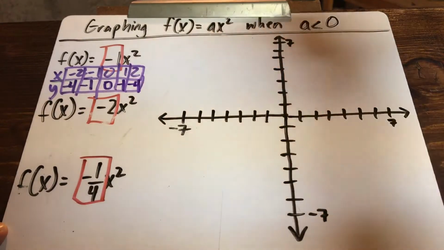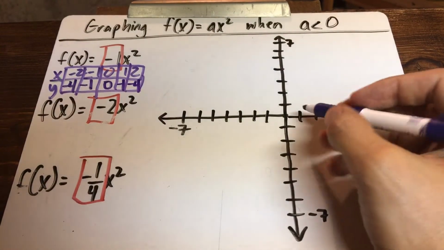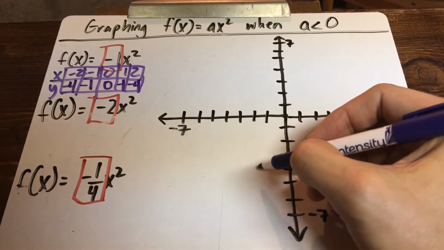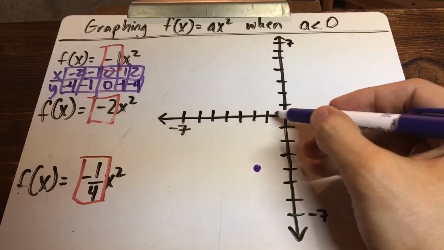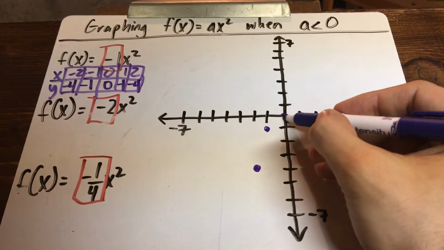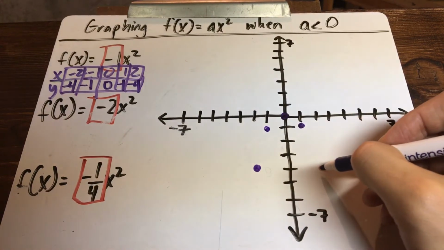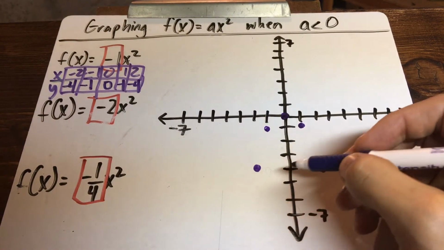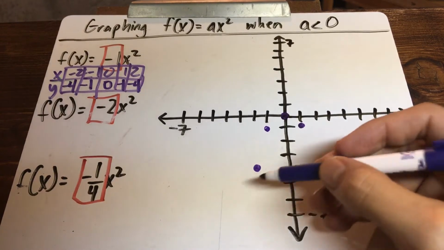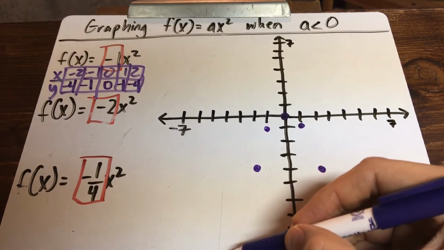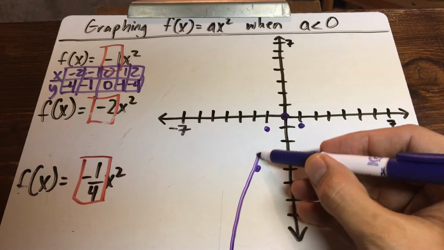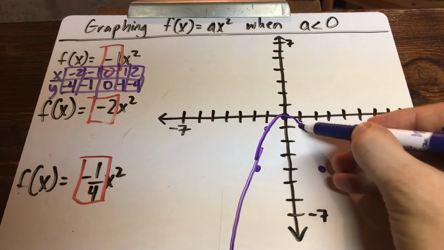And then that's going to be -4 as well. So if you look at the graph of this one, -2, -4, -1, -1, 0, 0. All these are still going to have 0, 0 on this one as well. But now instead of opening up, all of these are going to open down, right? So we're going to go something like this for all of them.